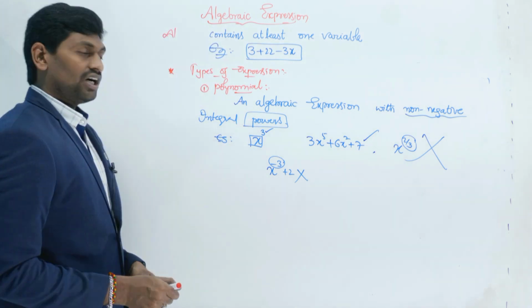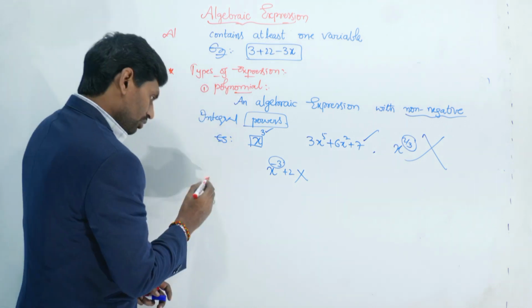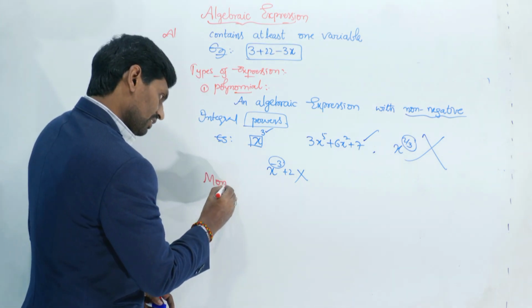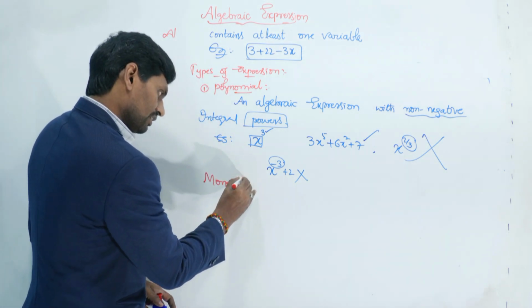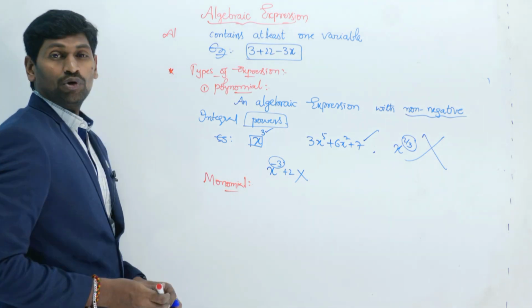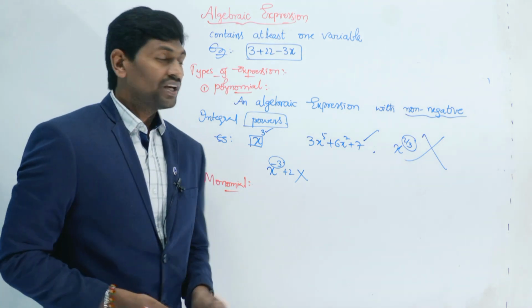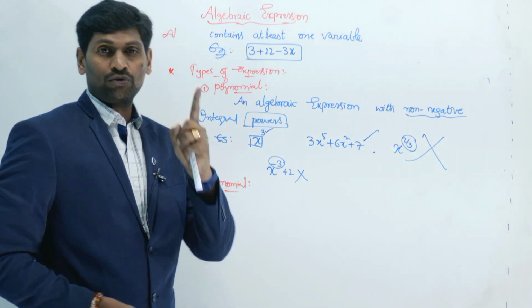Now, types of polynomial. First one is monomial. What is a monomial? A monomial is nothing but a polynomial having one term.